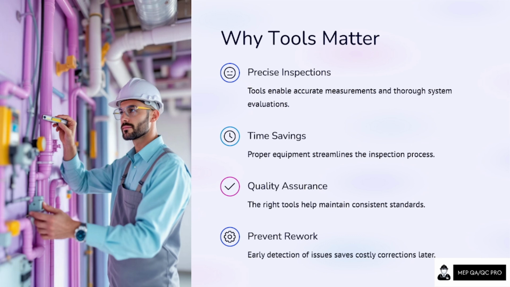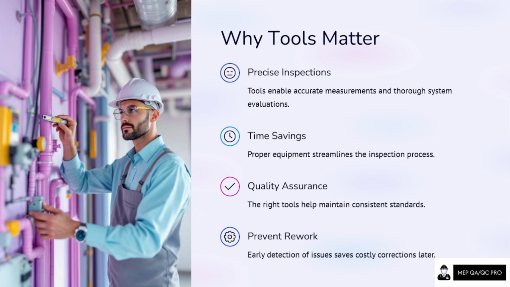Why do tools matter? Why are tools really essential for the QAQC engineer? First of all, precise inspections. The second one is time saving. The third one is quality assurance. And the last one is preventing reworks. Whenever you are using the tools, it will ensure that the inspection done at site gives accurate measurement throughout the system.